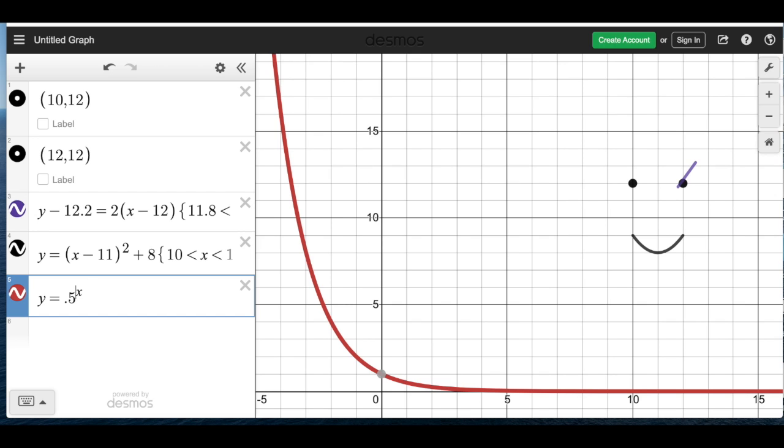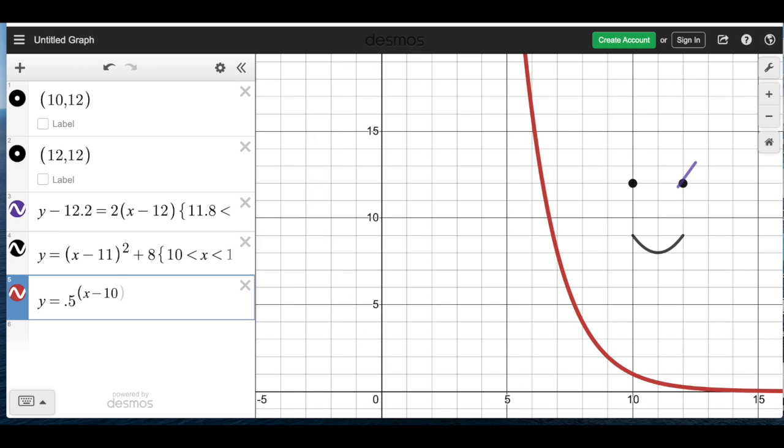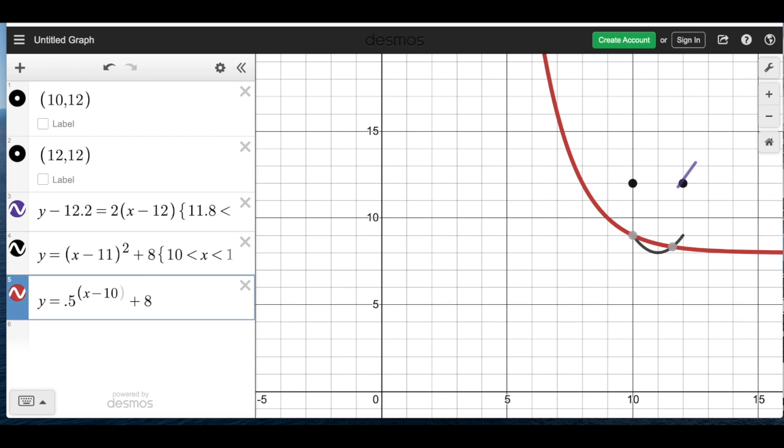If you want to move it around, it's very much like with the parabola. You can put parentheses around the x part, and if you put minus 10, it's going to move 10 units to the right. It affects the x value. If you want it to move up, just like I put plus 8 on the end of my parabola, I can put plus 8 on the end of that, or plus 6.